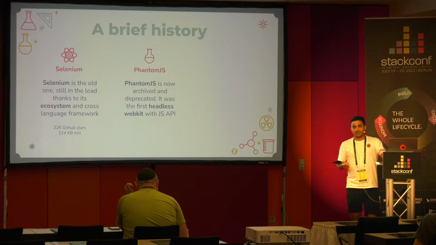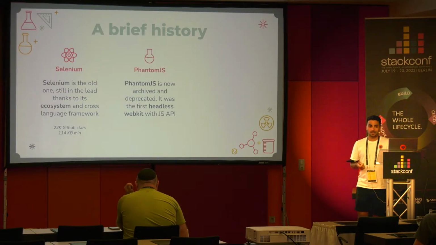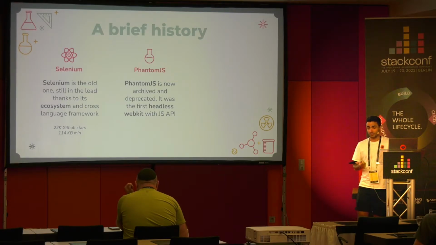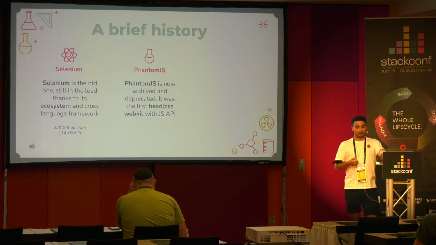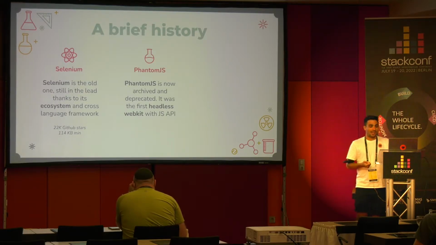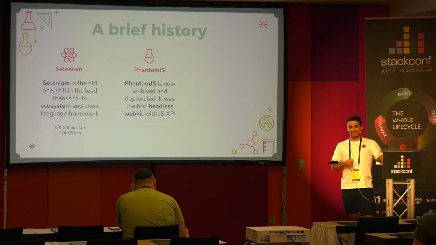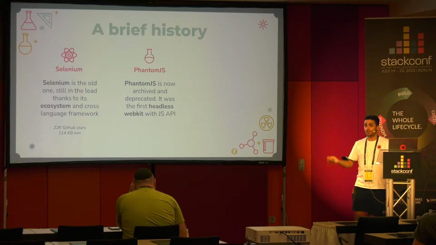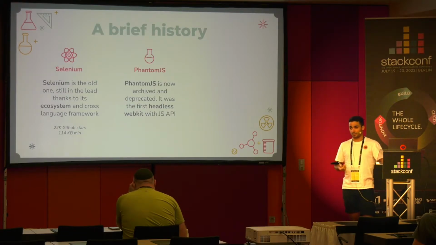After a while, let's say in 2015, it comes Phantom.js. That was the first JavaScript headless library to control the browser. And this library opened up, let's say, a new vision on how to achieve testing and automation over your browser.